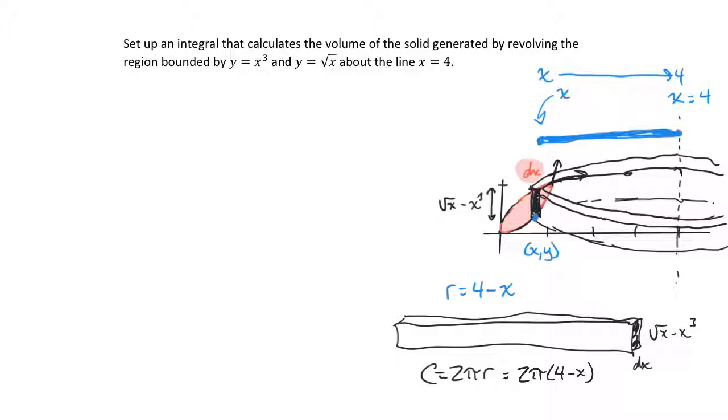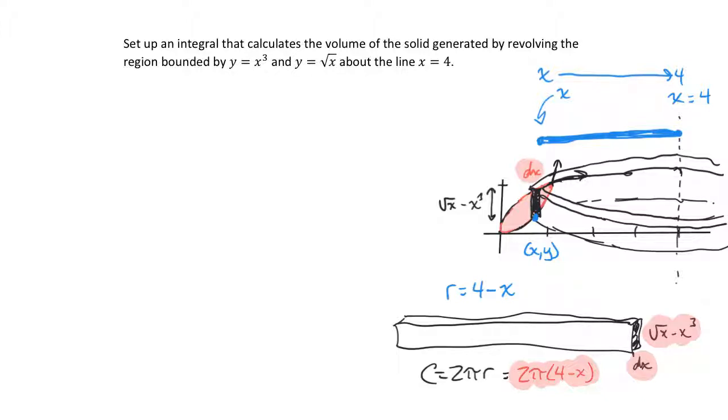We now have 3 quantities. We have the thickness, dx. We have the height of the rectangle, radical x minus x cubed. And then we have the circumference, which is 2 pi times 4 minus x. Put that all together and we'll get our integral. We will still have the limits from 0 to 1.